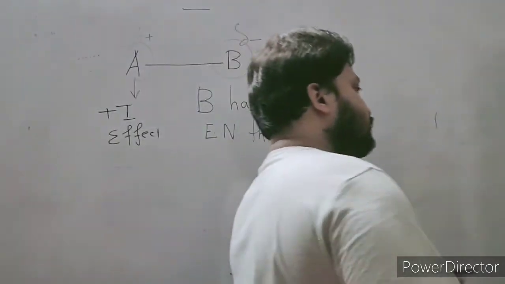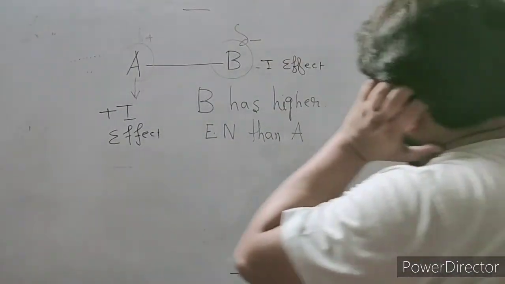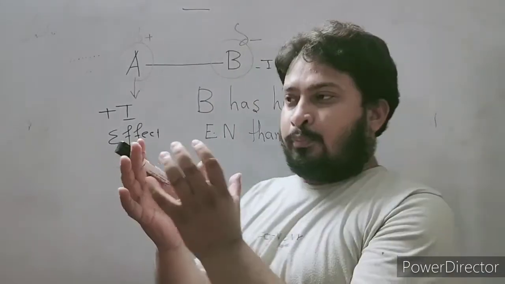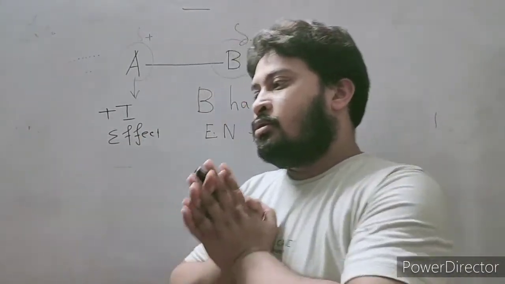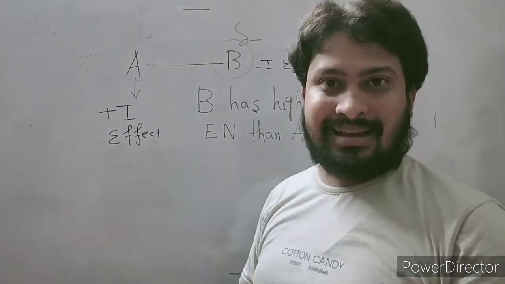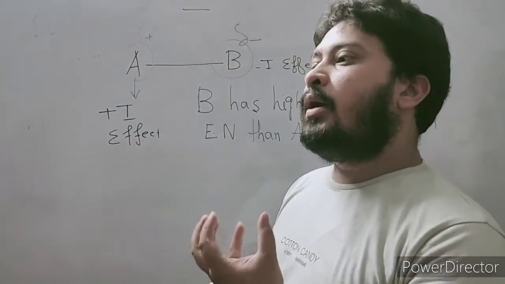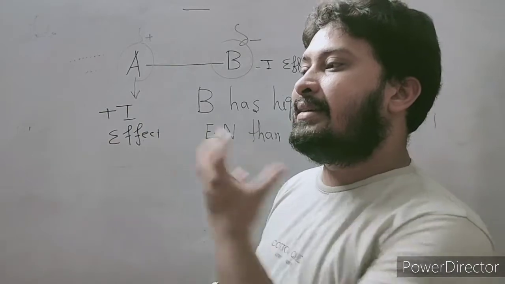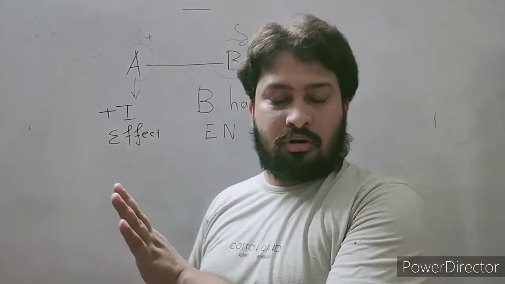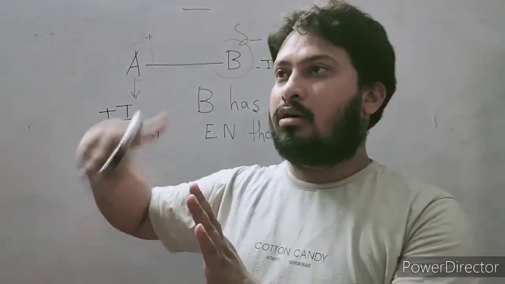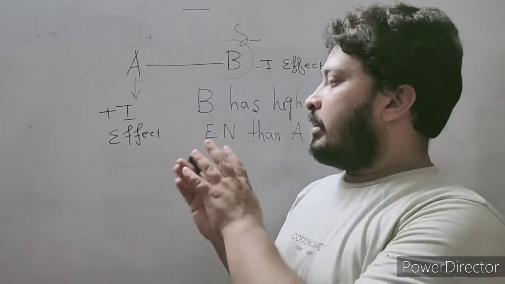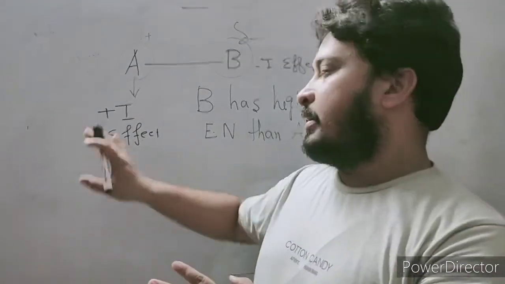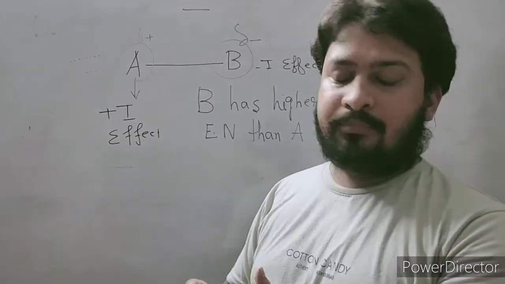Whichever has more tendency to pull the electron towards itself shows minus I effect, and the other, which pushes the electron, shows plus I effect.